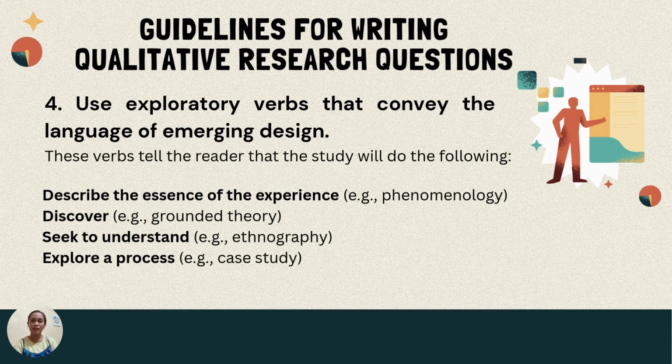Fourth guideline is to use exploratory verbs that convey the language of emerging design. These verbs tell the reader that the study will do the following: describe the essence of the experience in phenomenology, discover in grounded theory, seek to understand in ethnography, explore a process in a case study.